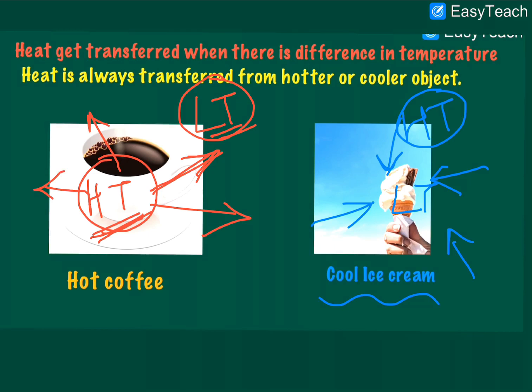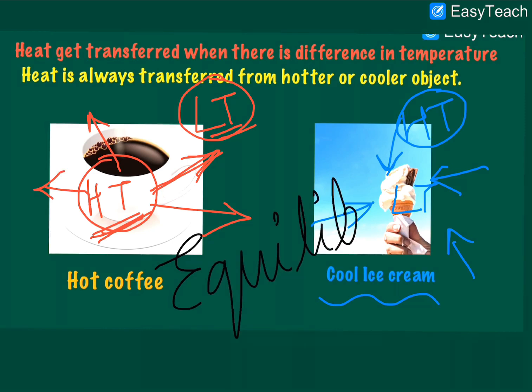This transfer of heat tries to attain a state of equilibrium between them, and so the transfer of heat continues till they attain the state of equilibrium.